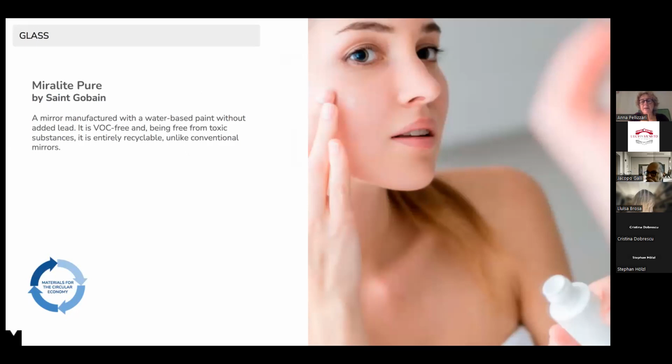It is made reducing or eliminating completely certain potentially toxic substances. And unlike standard mirrors, it is entirely recyclable, clearly, provided the infrastructure. But it is at least technically recyclable, while a normal mirror would contain components that would prevent it from being recyclable.